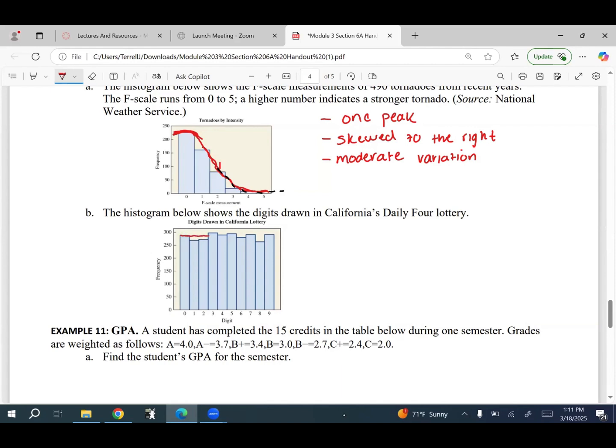You see, this distribution, if I were to draw this, this is like a curve that would represent that, like this. This is what we call rectangular or uniform. This is a uniform distribution. There is no one peak. It is uniform. You can also refer to this as symmetric.